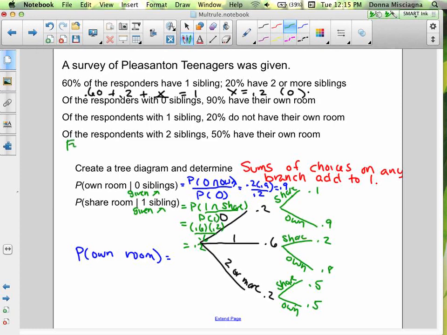So for conditional probability, choose the right end branch and find the probability.